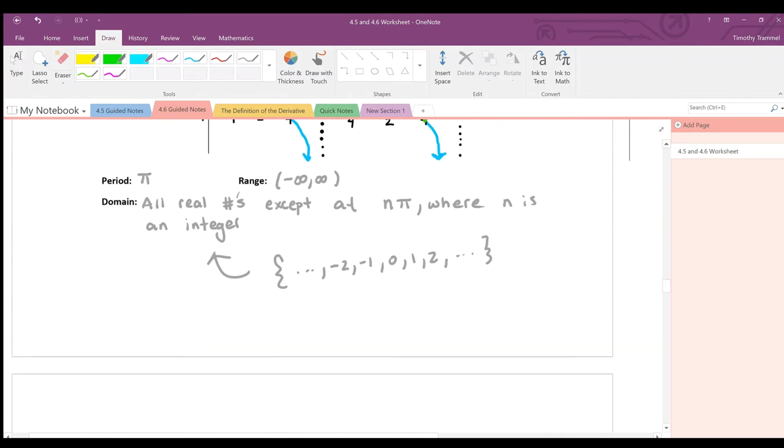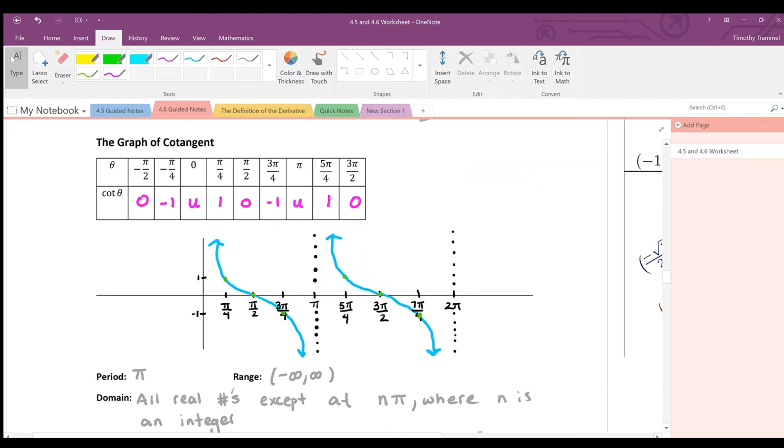You can see it's decreasing, right? So if we were looking at minus cotangent, it would look a lot like this, except it would be increasing. Instead of the y value here being +1, it would be -1. This would still be 0, and this one would become +1.